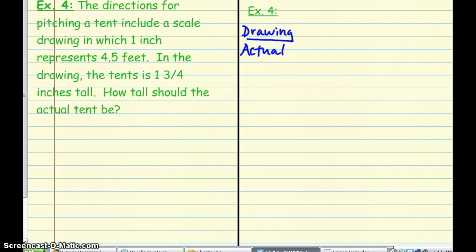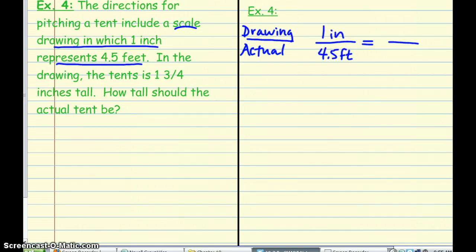So let's look back at the problem and figure out what pieces of information we can fill in. It says in here that the directions for pitching a tent include a scale drawing in which 1 inch represents 4.5 feet. So I have 1 inch in the drawing, and I have 4.5 feet in actuality.